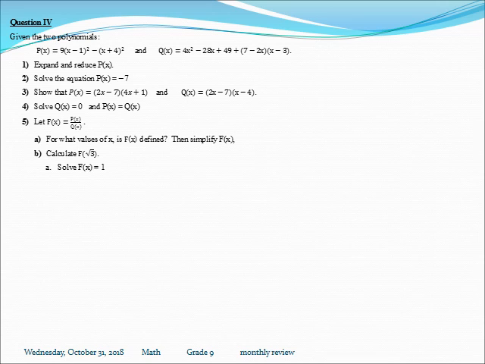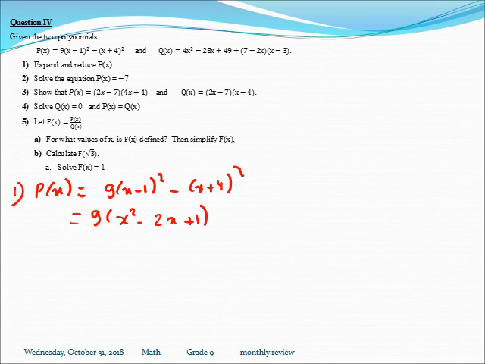Question 4. Expand and reduce P of x. P of x equals 9 times x minus 1 squared, minus x plus 4 squared. So it equals 9 times x squared minus 2x plus 1, minus x plus 4 squared, using the remarkable identity a plus b squared. So it is x squared plus 2 times 4, 8x, plus 16.